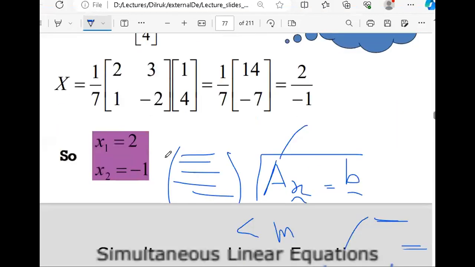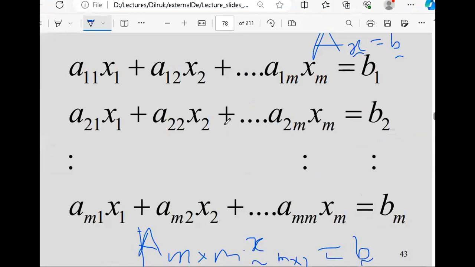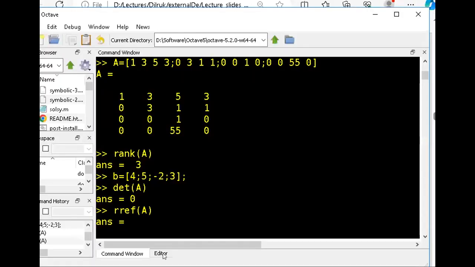If you swap two rows, let's say you swap the first row and the second row, you put the second row here in the matrix form.